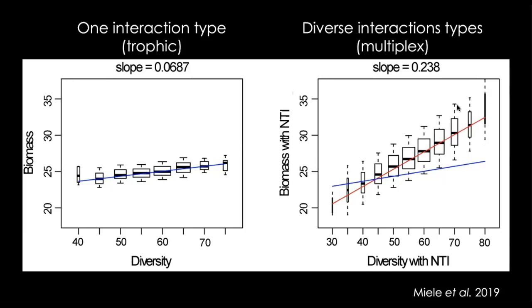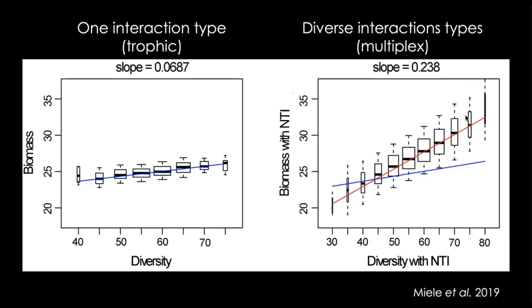If you look at those communities, remember that we take all the interaction strengths randomly within that predefined range. And so these communities here that have a relatively high species diversity, they tend to have a disproportionately higher biomass compared to the food web.